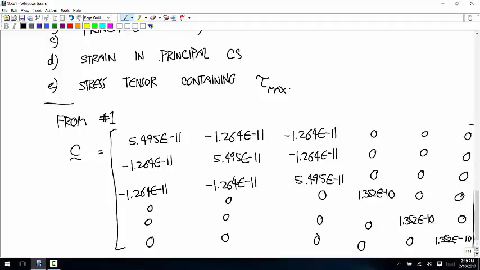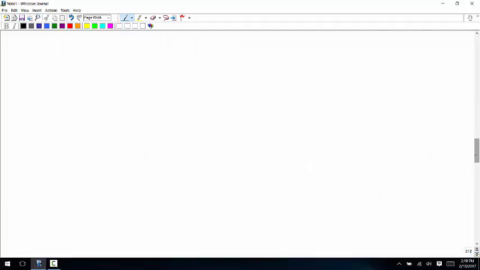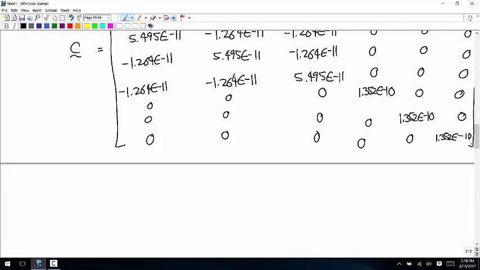Okay, so that is all we need to go from stress to strain. Or if we want to go from strain to stress, we need the inverse of that. And so the Voigt stress is the XX stress, YY stress, ZZ stress, yep, that's right.